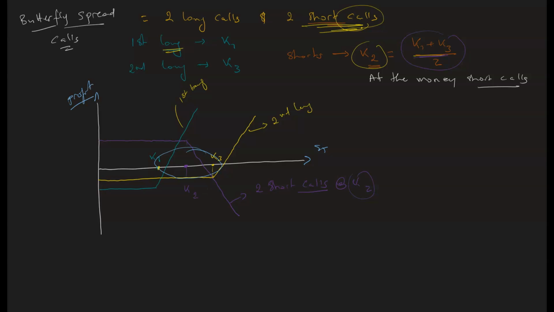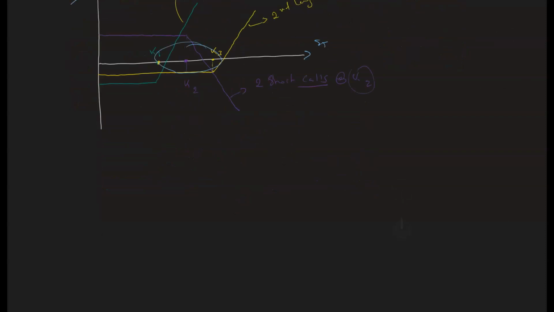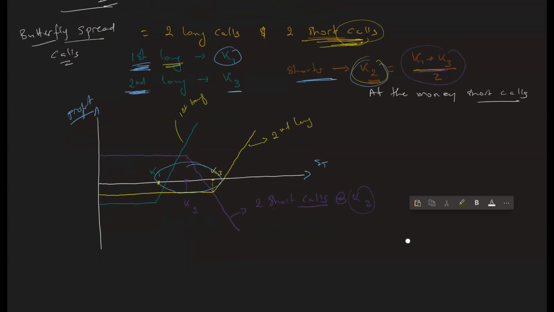Now let's look at the profile for the overall thing. Remember, we have one long position at K1, one long position at K3, and two short positions at K2. So in this case, we don't just have two windows, or three windows, we have four windows.